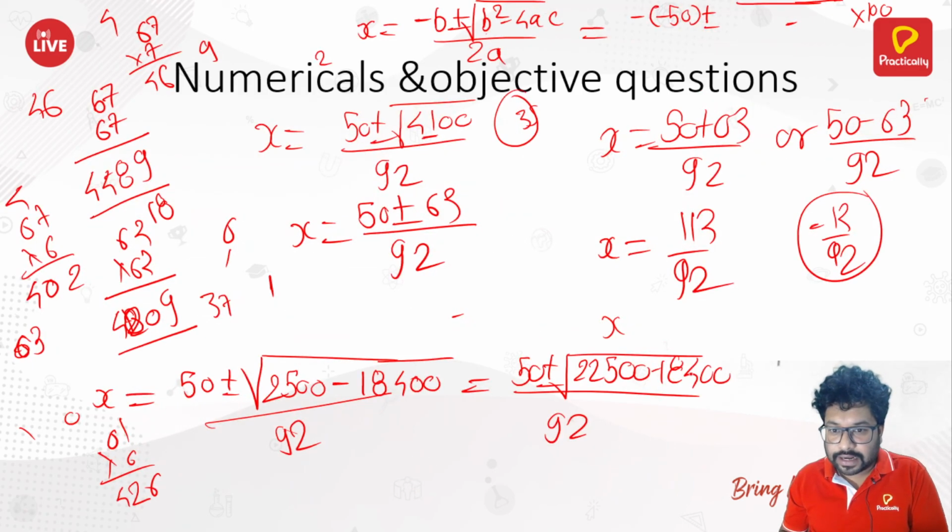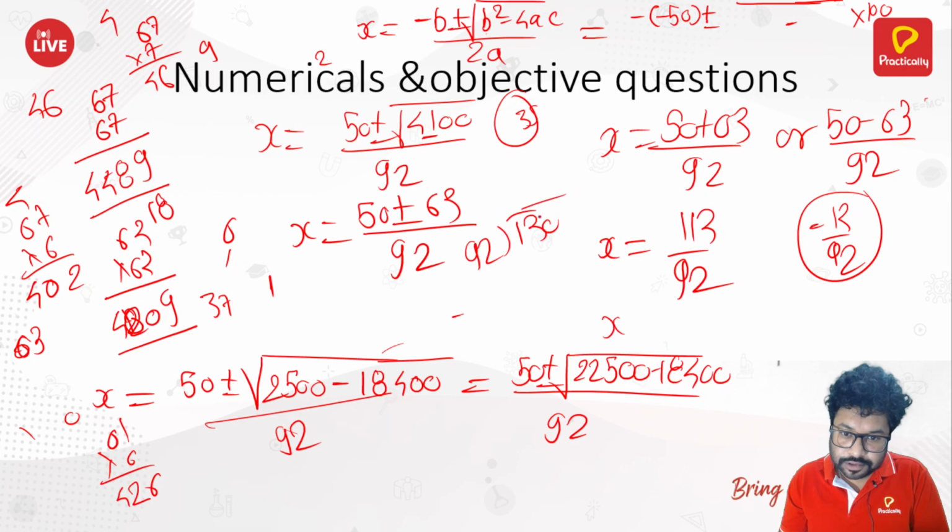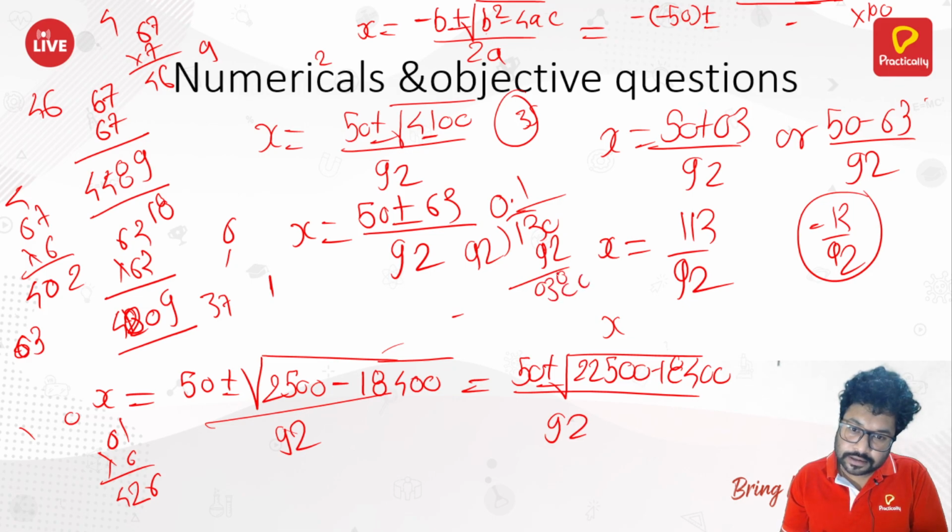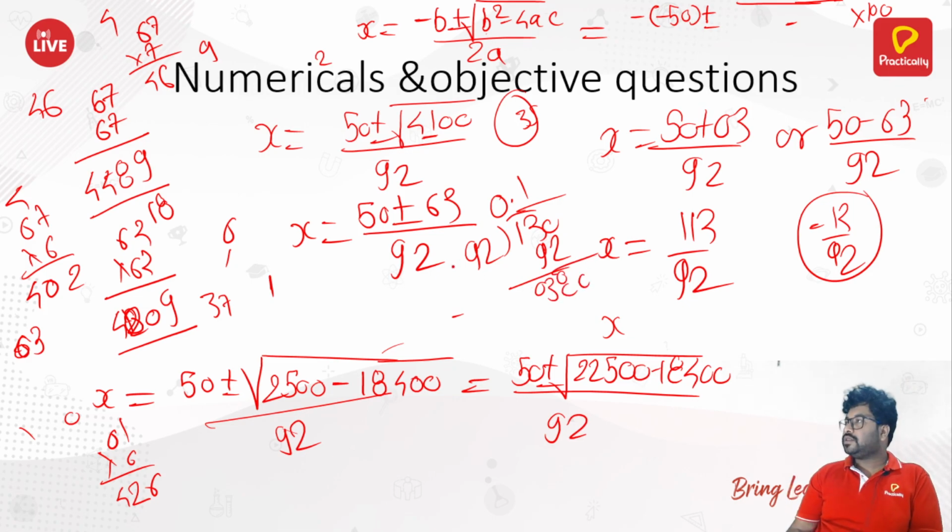So 13 divided by 92 is how much now? Plus or minus 13 divided by 92, 0. 92 ones are 92. 92 threes are 276.